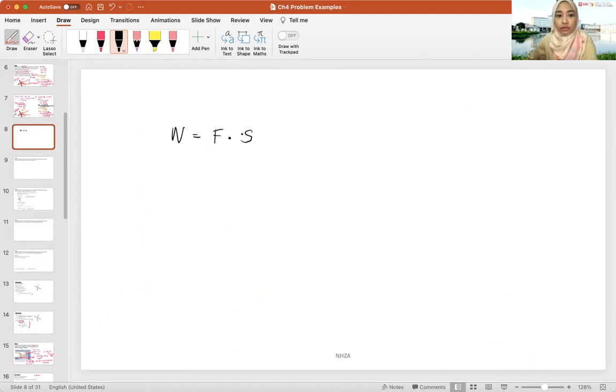And I told you, when we expand the dot product, we have F cosine theta S. What does the theta represent? The theta is the angle between the force and the two vectors lah, angle between the two vectors.